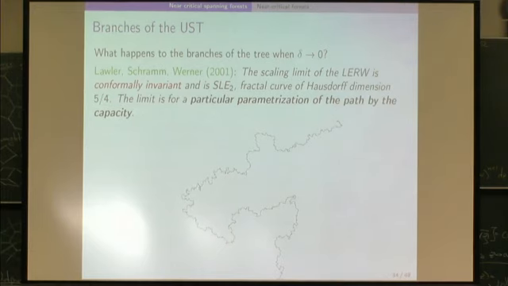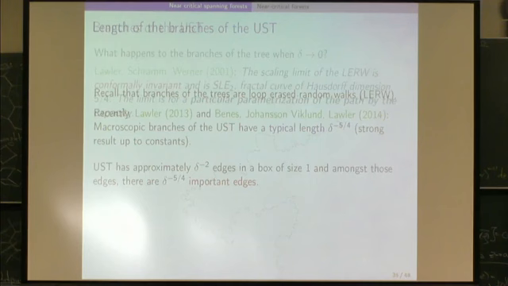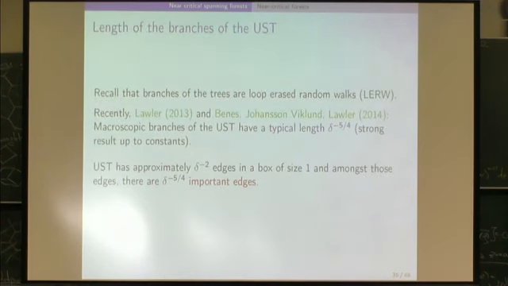As we are interested in the length of those loop-erased random walks, we need some stronger results. And in fact, there have been results about it recently by Lawler, Beneš, and Viklund. They said that the macroscopic branches of the uniform spanning tree, so the loop-erased random walks, have a typical length delta to the power -5/4.